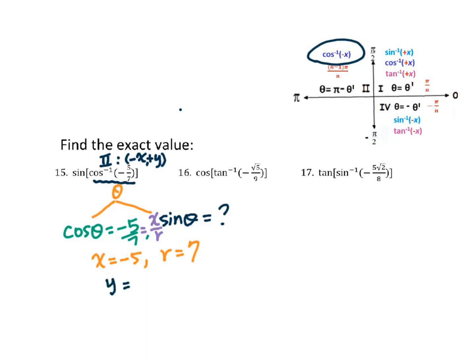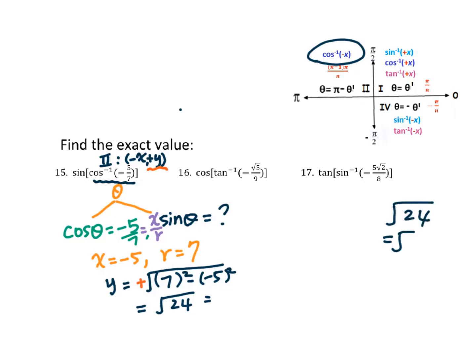Y will be positive square root of 7 squared minus negative 5 squared. We got square root of 24. For square root of 24, I can simplify 4 times 6. So 2 square root of 6.